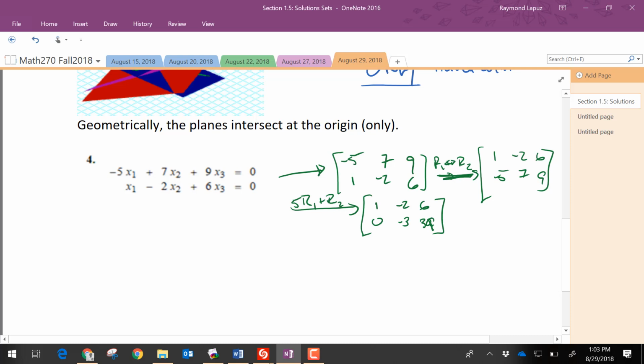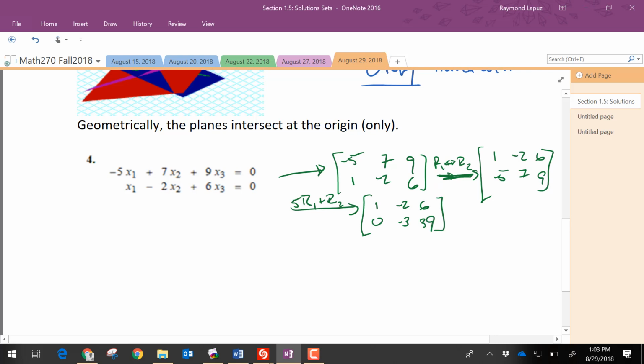Okay, so again, we could go on and continue working and making it row reduced. Should we do that? Can't you tell it's a 39?